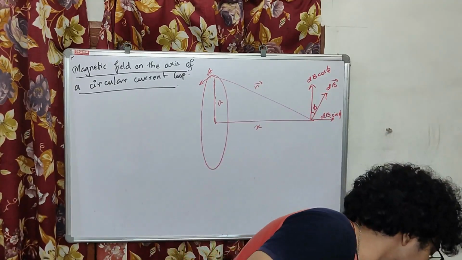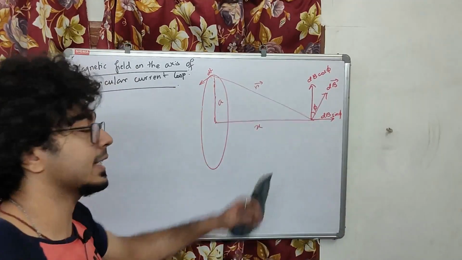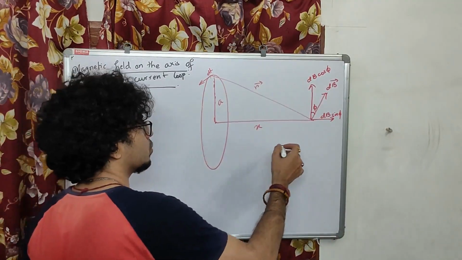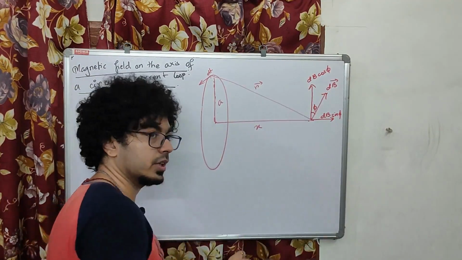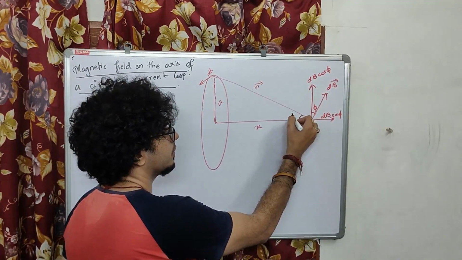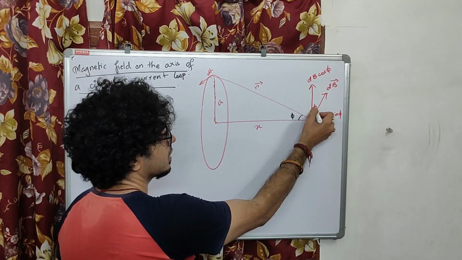We have understood the direction of dB, that is the infinitesimal magnetic field. So this comes out to be dB cos phi, and this dB sin phi. I have taken an angle phi over here, and this is also phi, because this line is perpendicular. Got it?